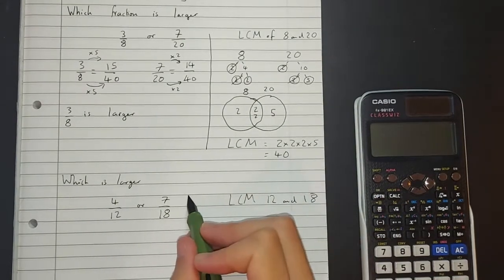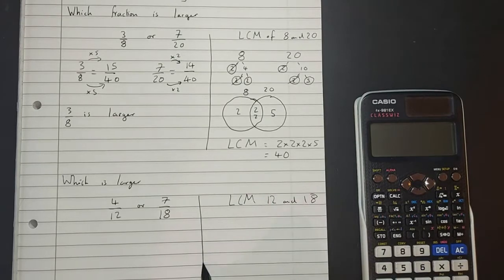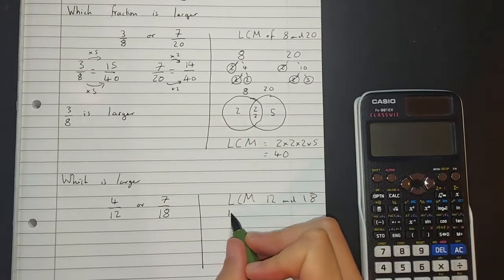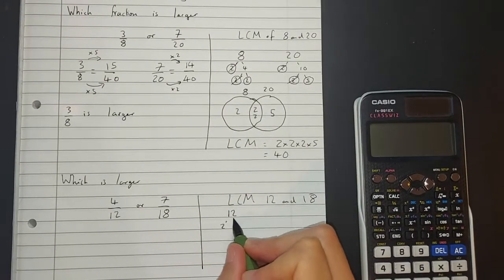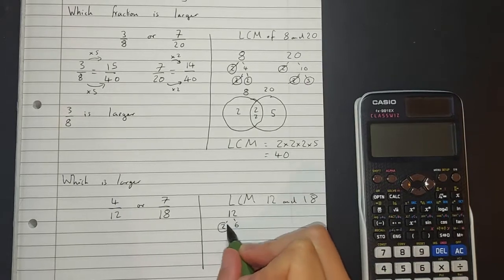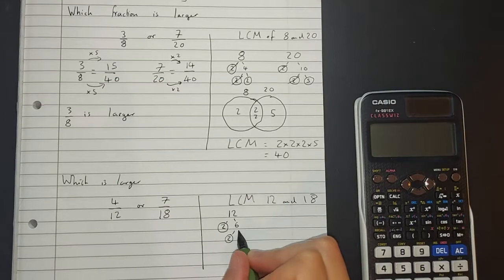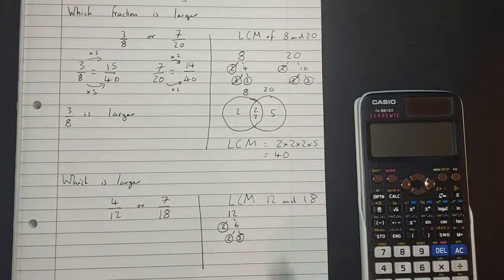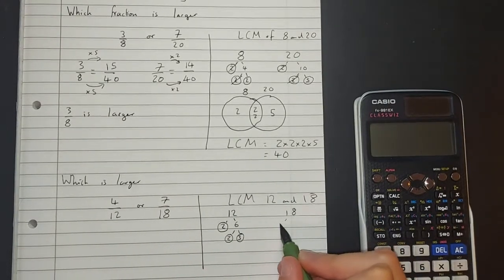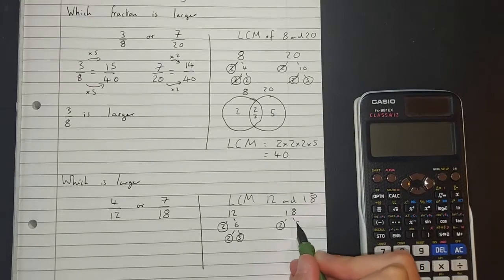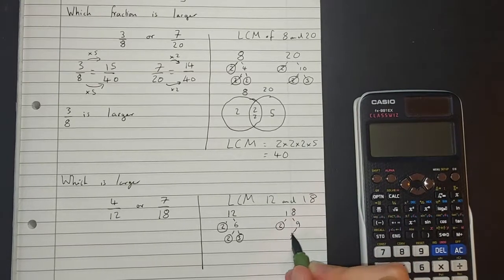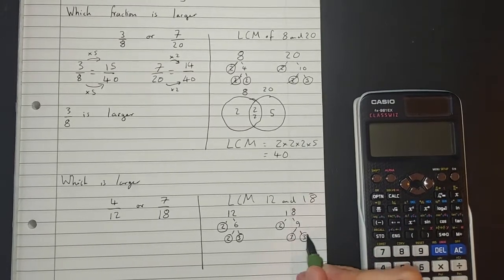So let's just do this because it's a bit of side working. So 12 is 2 times 6. 2 is a prime number. And then 6 is 2 lots of 3. 18 next. So that is 2 times 9. 9 is 3 times 3.